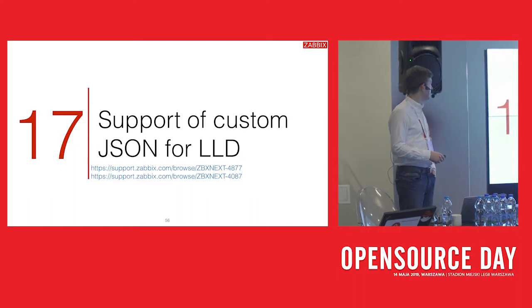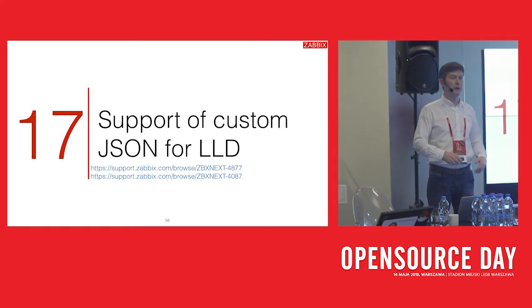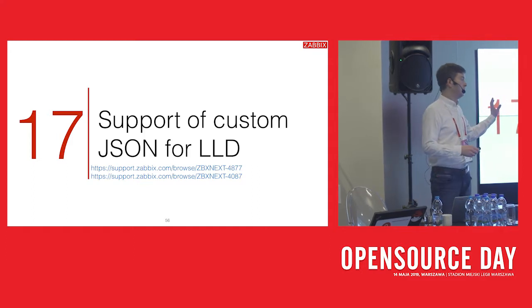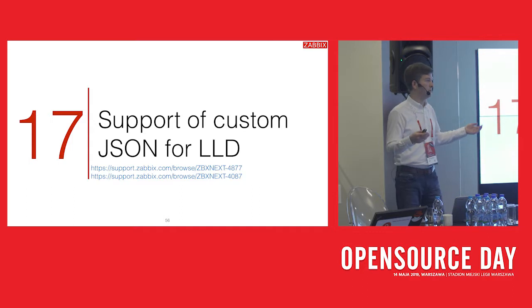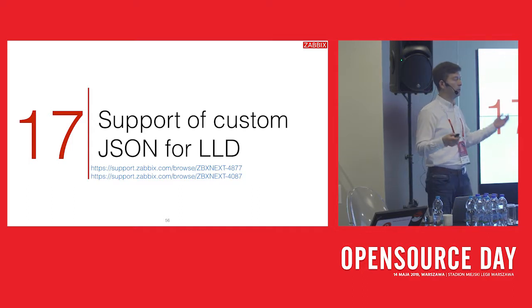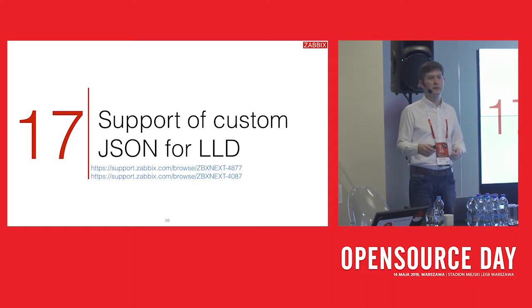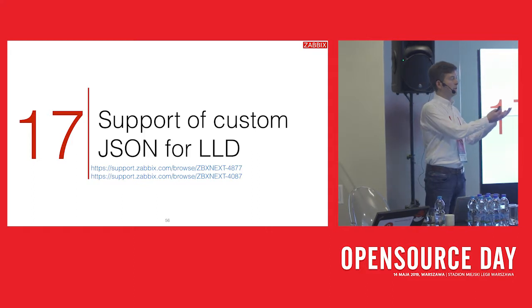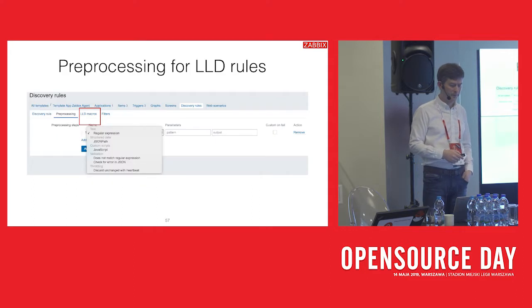Support of custom JSON for low-level discovery. So low-level discovery is about discovery of some, I don't know, processes, network interfaces, file systems, services, whatever. So Zabbix receives a JSON, and then it creates items and triggers out of the received JSON.